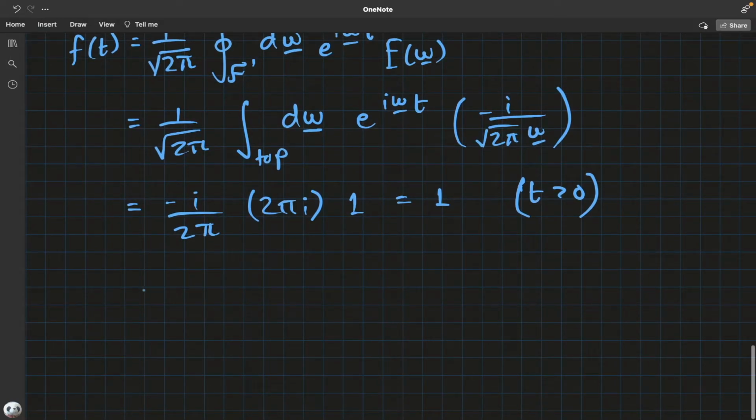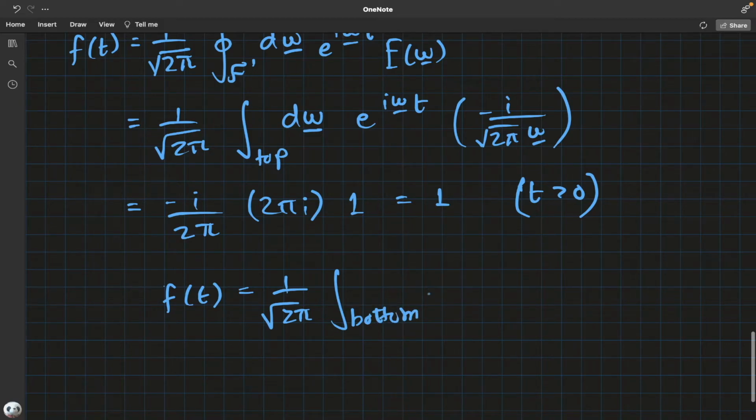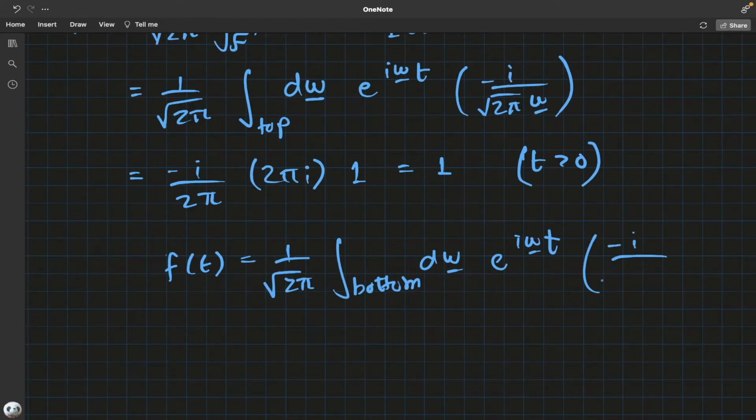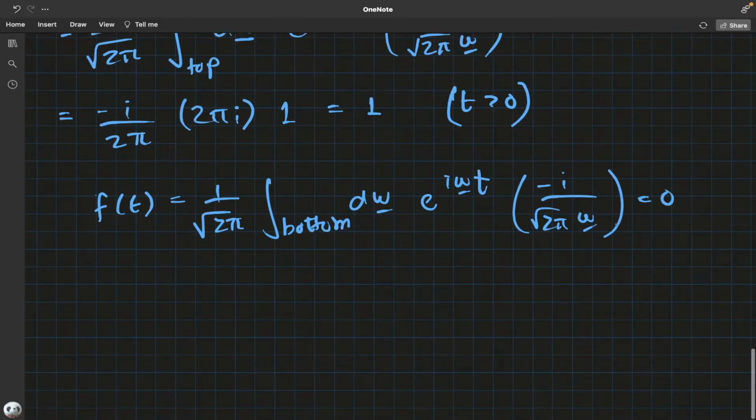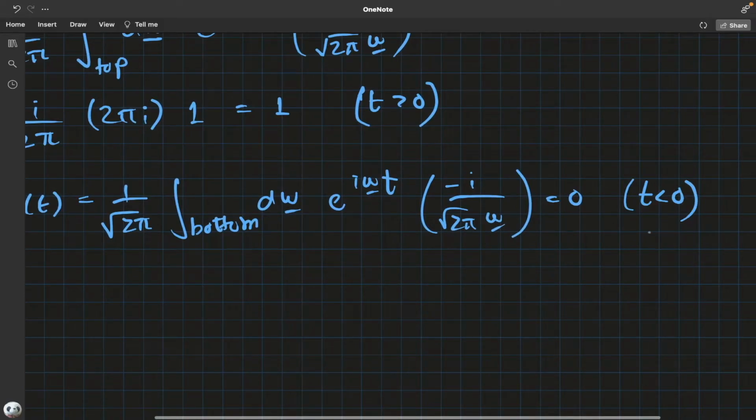And for the bottom contour, if we close on the bottom bit, well, here now there's no residue down there, so by Cauchy-Goursat this is 0, and this is for negative t, and it checks out.